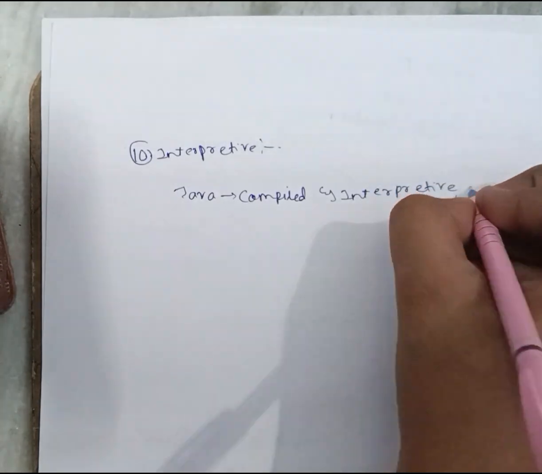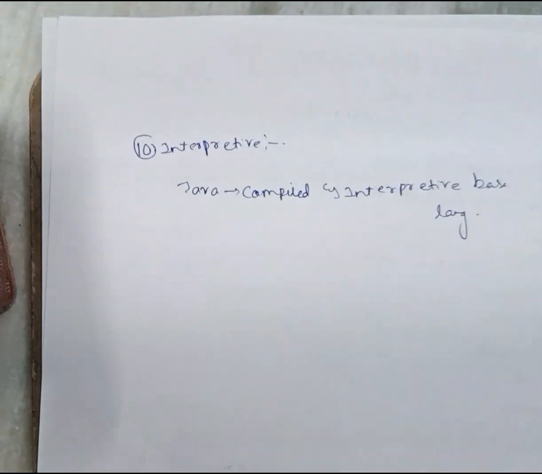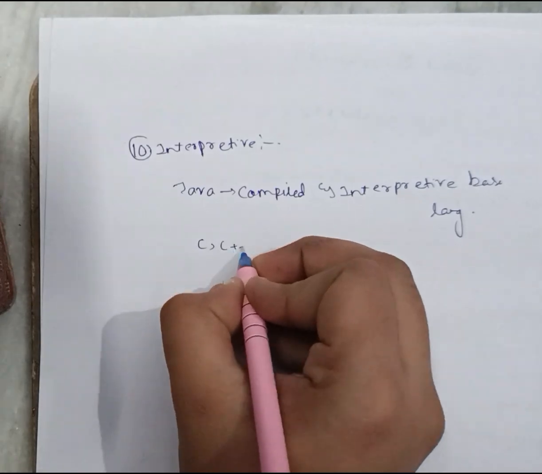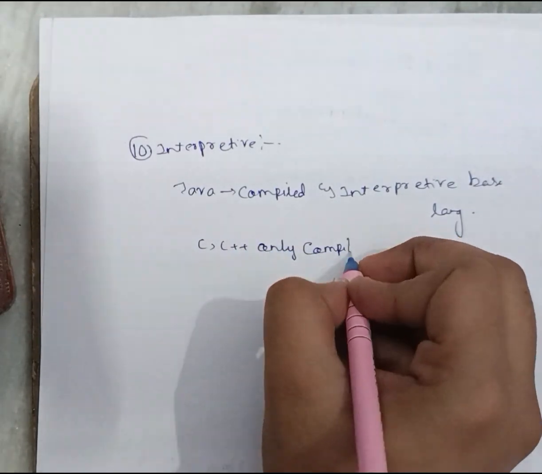Suppose we take the C and C++ languages. Both are only compile based languages. C and C++ are only compiled, but Java is both interpretive and compiled.